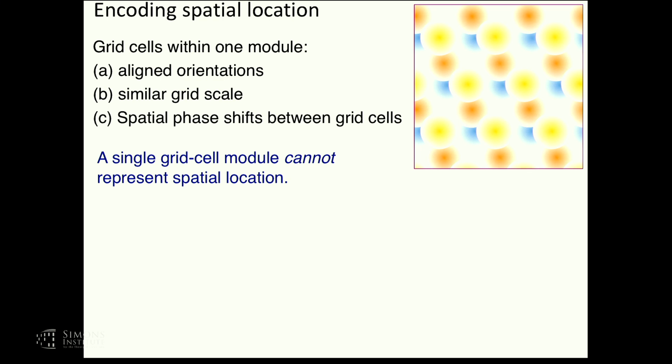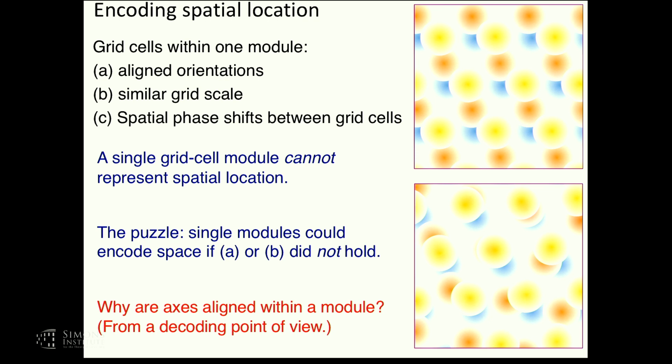There is no information in this periodically repeating pattern. And that's slightly puzzling, because if the grid fields of different grid cells within one module were rotated with respect to each other, every position in space could correspond uniquely to a population firing pattern of the grid cells. And then one could decode space relatively easily.